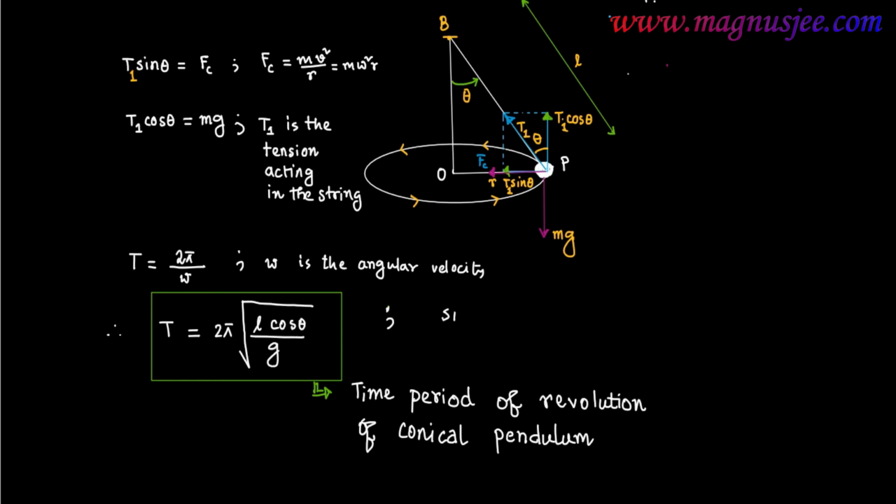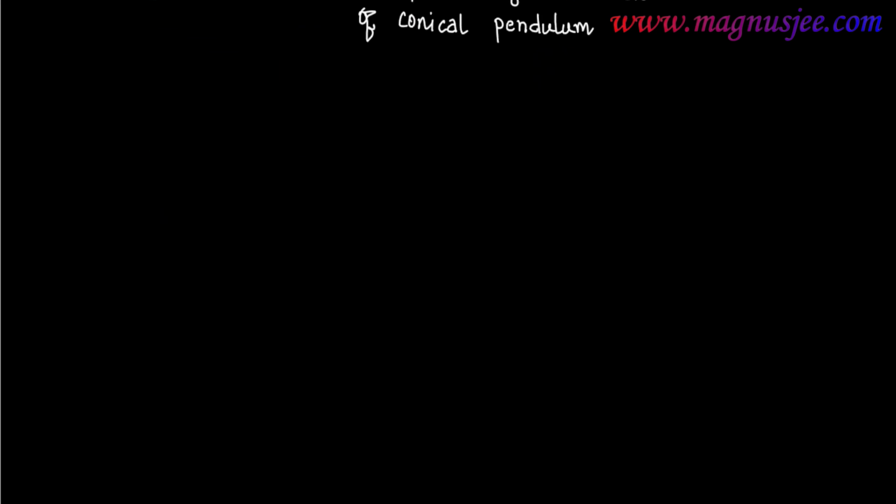Now in triangle POB, sin theta equals R by L, radius by length of the string, where L is the length of the string.